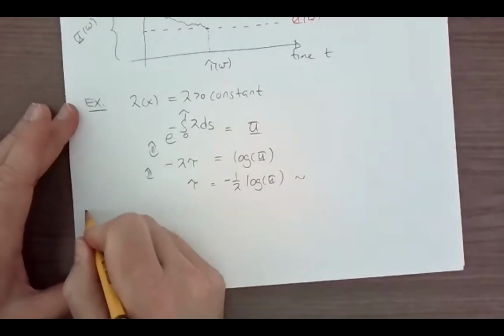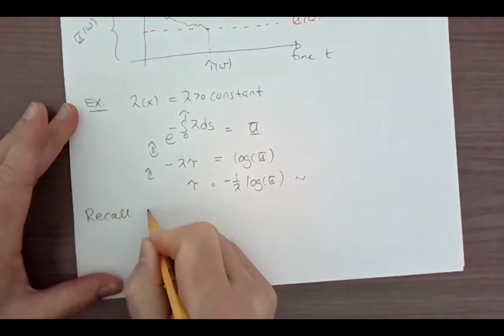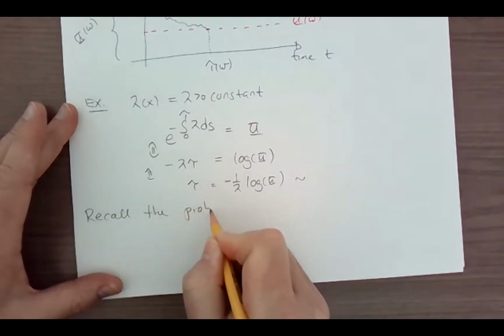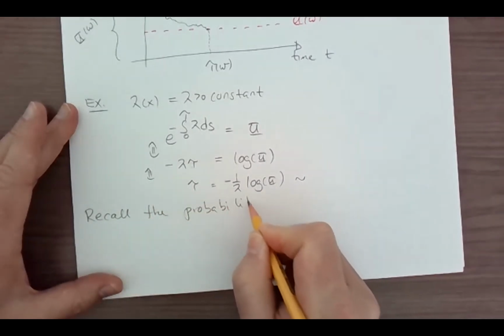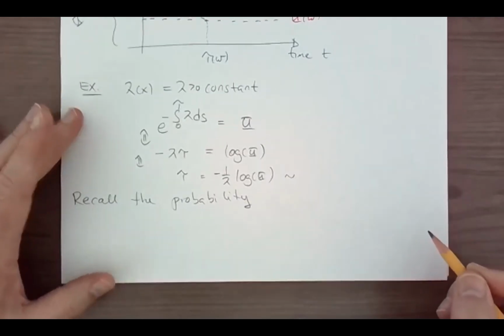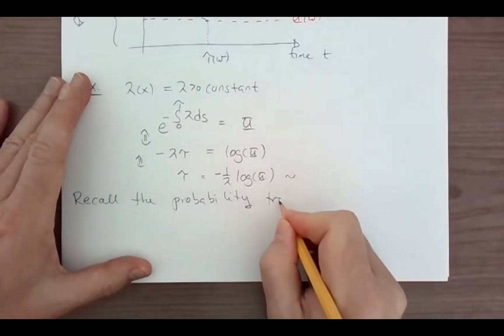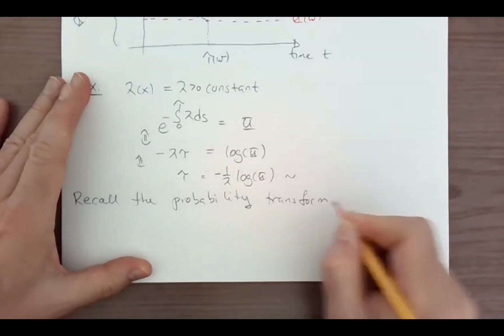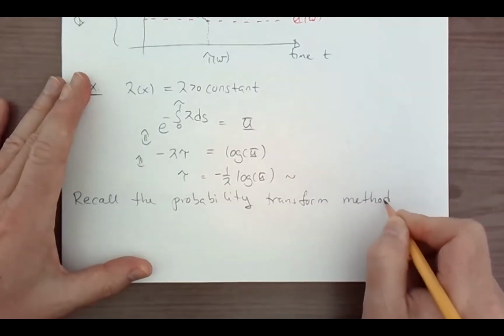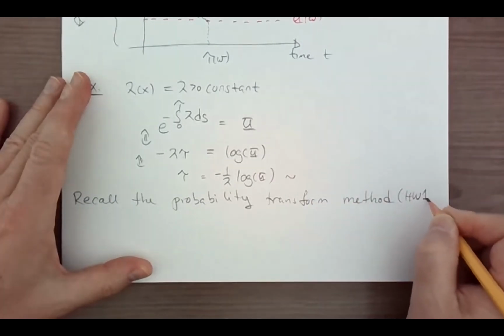So recall the probability transform method. I think this was homework 1.